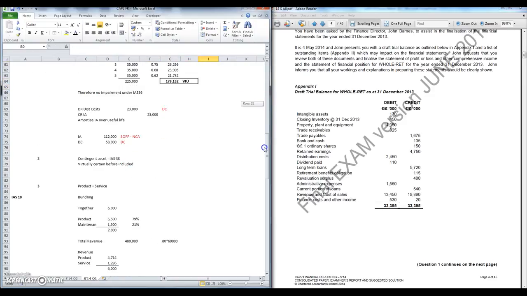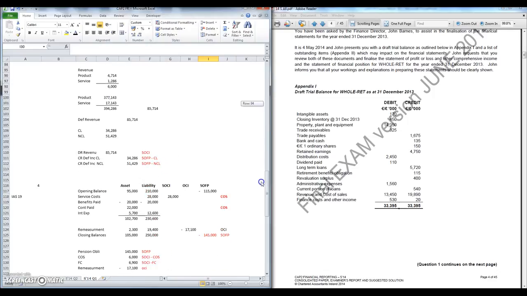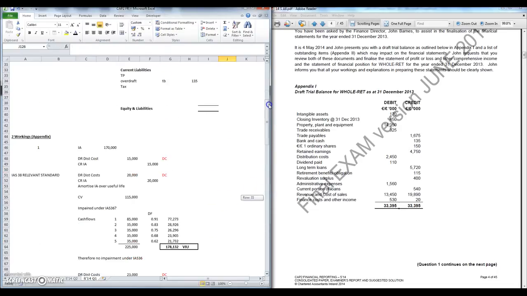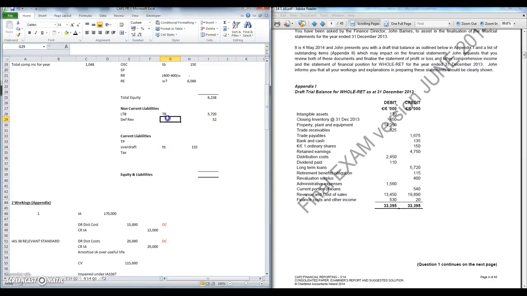Now get that reference to the working as well. So that is working 3. And also our pension liability, which is a liability of 145. So SOFP, I should have put in there NCL to show the figure 145 of working 4. So this is working 3 and working 4. Pension of 145. And adding them up gets me total long-term liabilities of 5917.